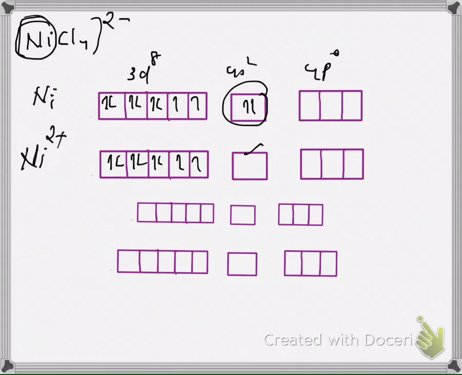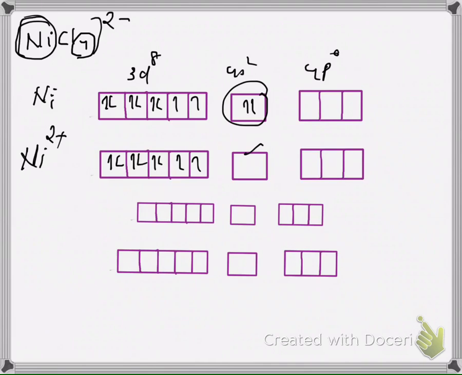Now think how many orbitals can be sent for hybridization, which is equivalent to the coordination number, that is 4. So 4 orbitals can be sent for hybridization. Before going to hybridization you have to check whether there is any chance of internal pairing.